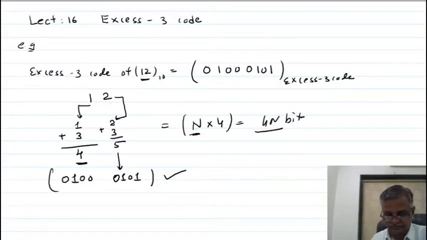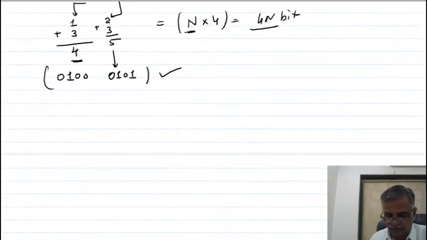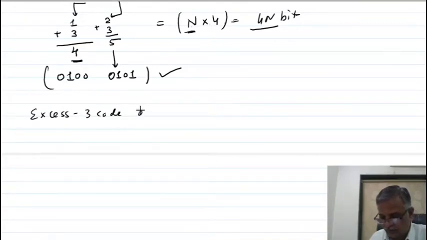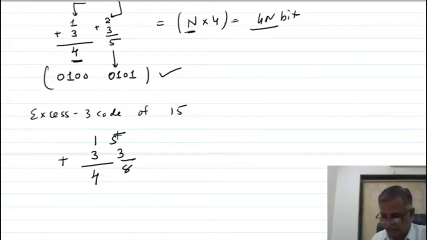Suppose you want to write the XS3 code of 15. Then I have to add three to each digit, and this is represented in 4 bits.